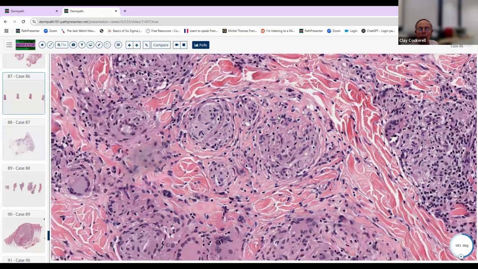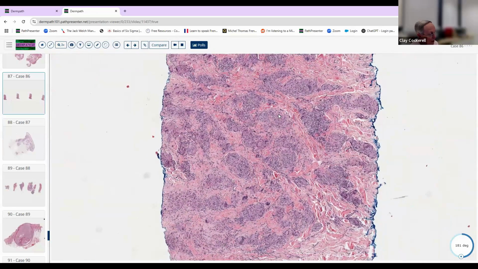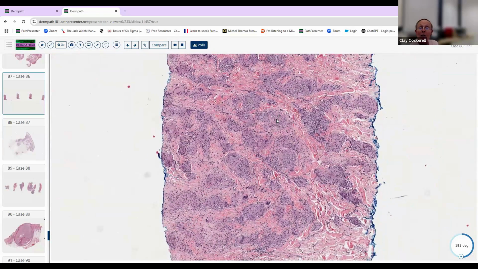Beautiful example. Lepromatous leprosy gives you a diffuse granulomatous pattern, not a sarcoidal pattern. The tuberculoid form of leprosy gives you a sarcoidal granulomatous dermatitis, with elongated granulomas around neurovascular bundles. So don't confuse that.